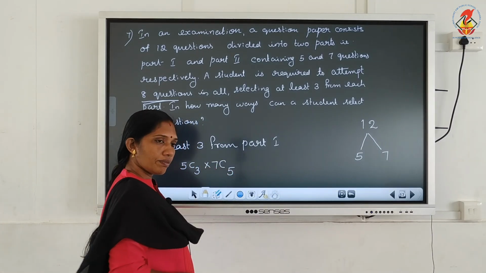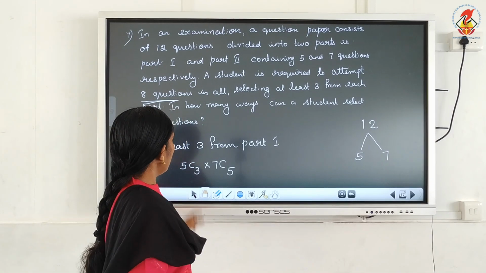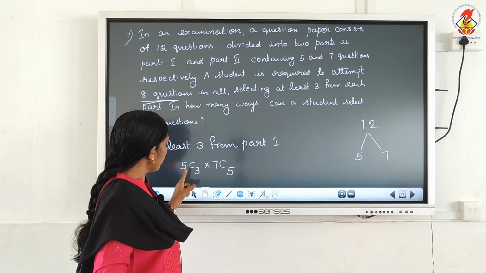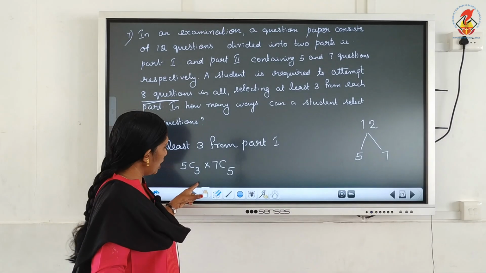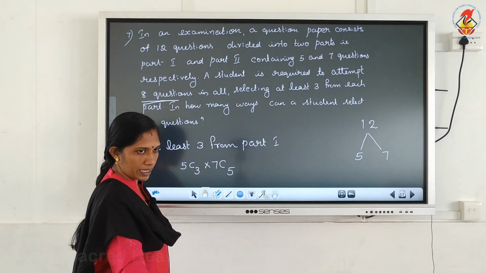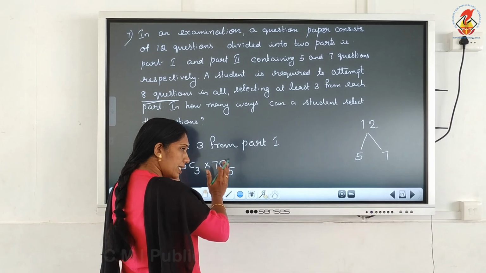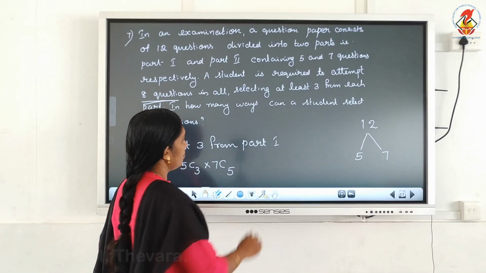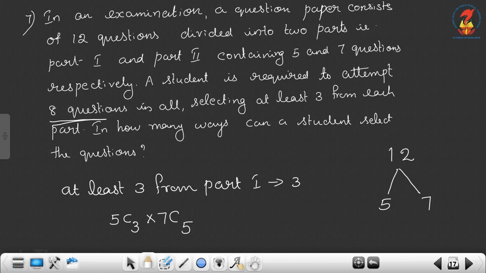Is it correct? If we take 3 questions from part 1 and 5 questions from part 2, then 3 plus 5 becomes 8. Now either this case or, at least 3 means 3 or more, 3 or 4 or 5 like that, maximum 5 is here. So either this case or means you have to put a plus symbol.